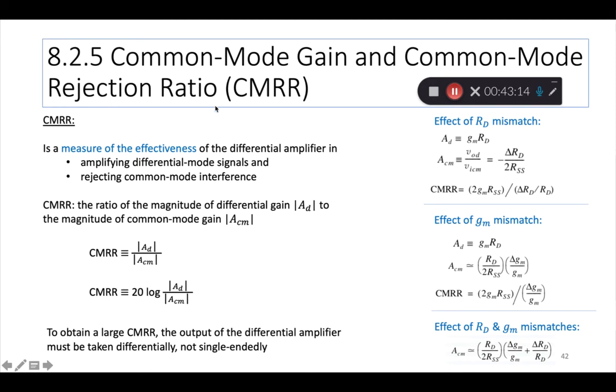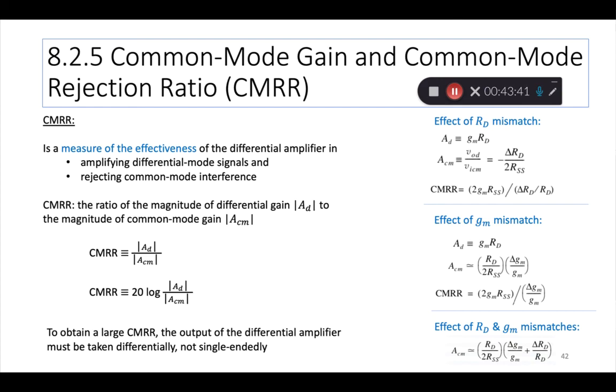Now we define CMRR. CMRR, which we have seen before, I think, when we studied op amps, but back then we neglected it, but now we cannot. So CMRR is a measure of the effectiveness of the differential amplifier in amplifying differential mode signals and rejecting common mode interference. So a differential amplifier has to do both things.